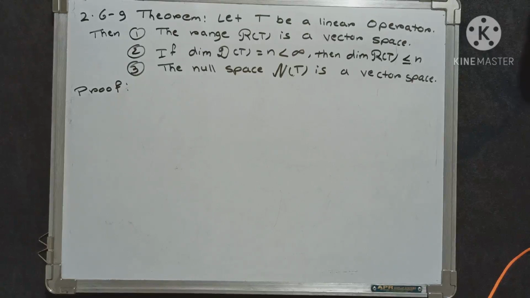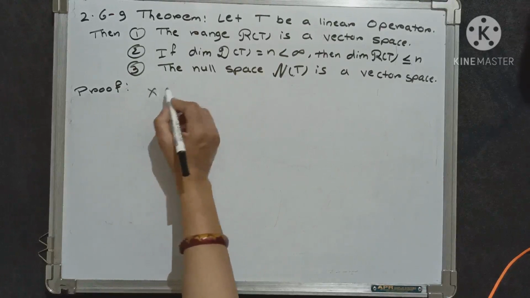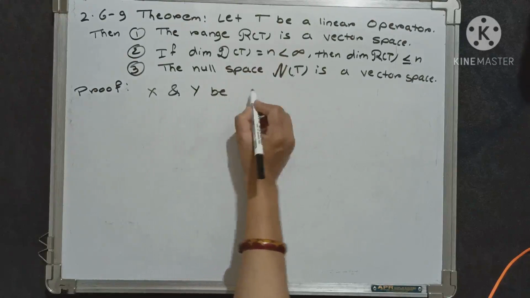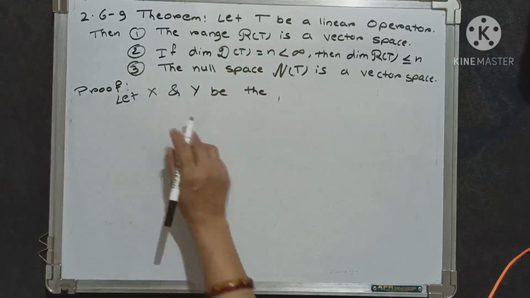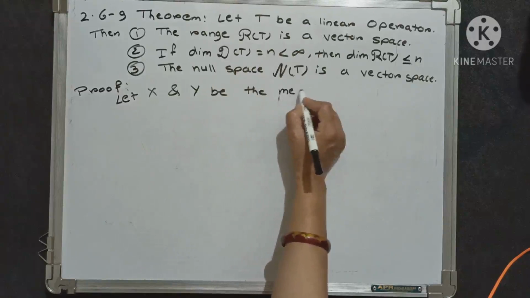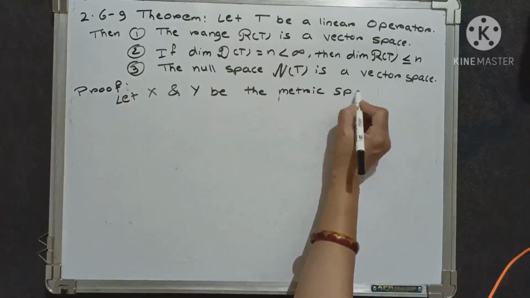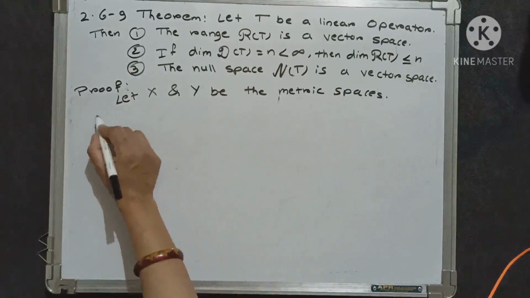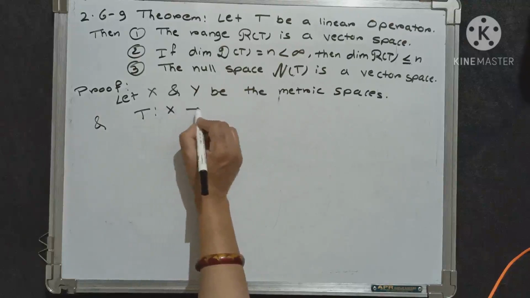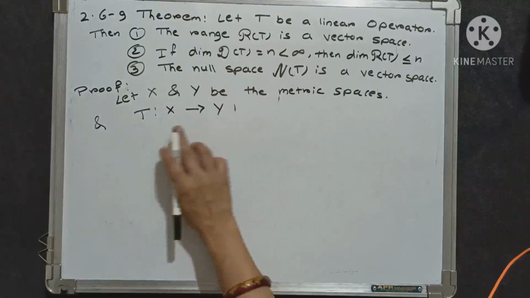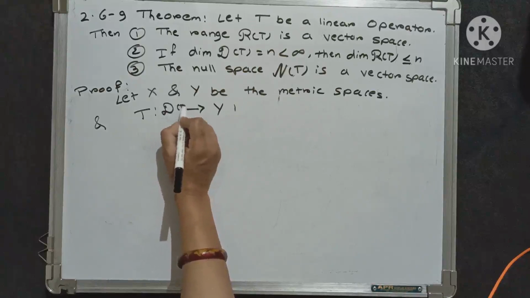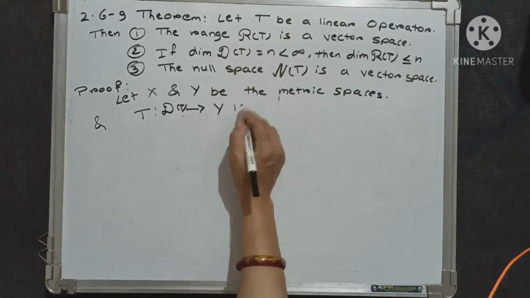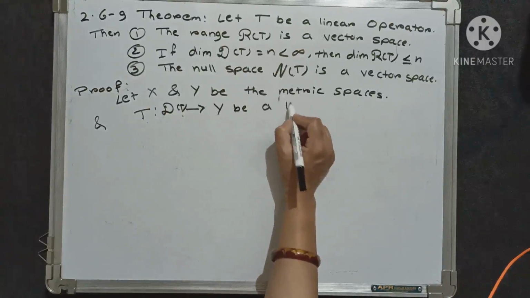As capital T is a linear operator, we see in the definition of the linear operator: let capital X and capital Y be the metric spaces, and capital T from script D of T to Y be a linear operator, that is given.